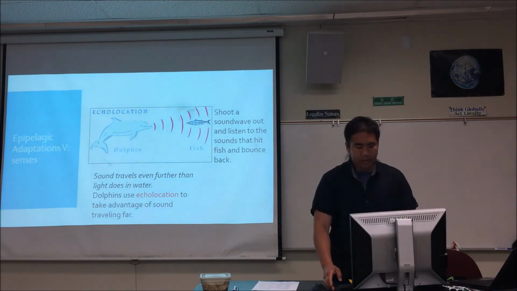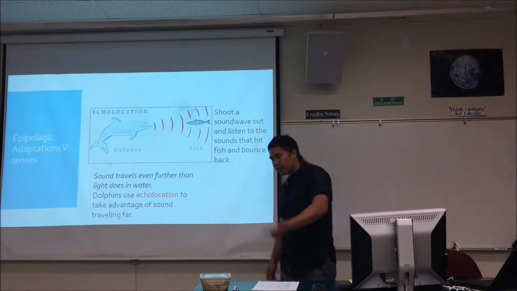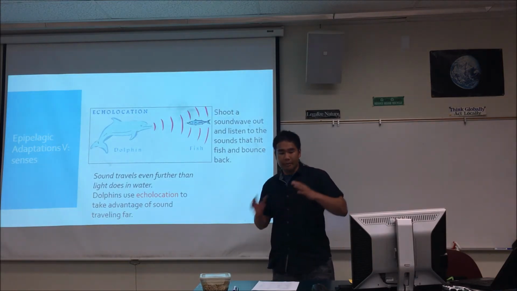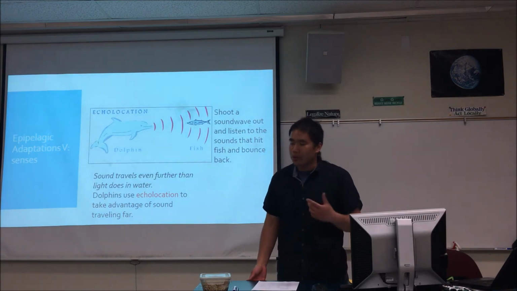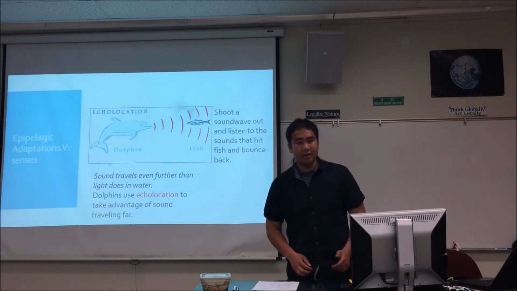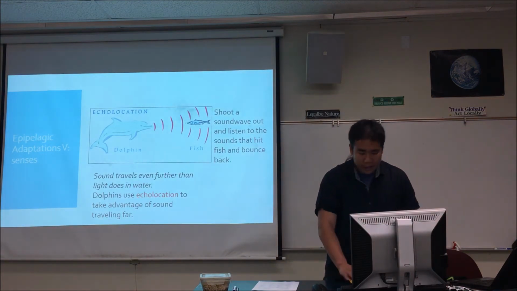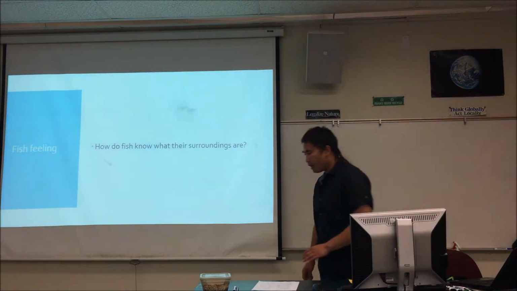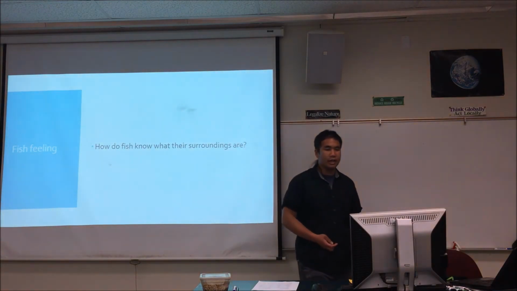So eyesight and hearing are probably the two most important senses in the Epipelagic. Now I want to mention one other sense. It's not strictly an epipelagic sense, but it's a really important one because I want to talk about how fish get around. How do fish know where their surroundings are? We're going to look back at Osteichthyes for a second.